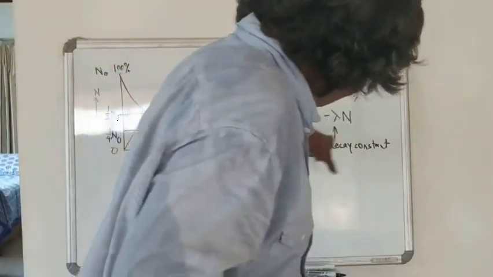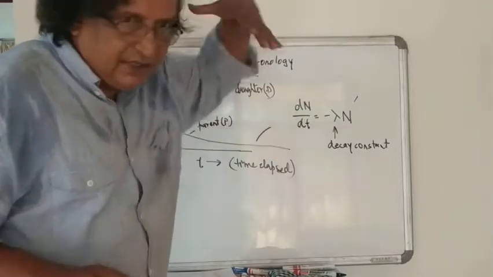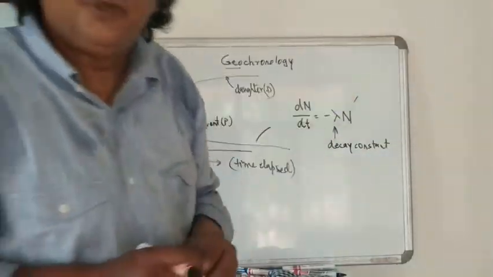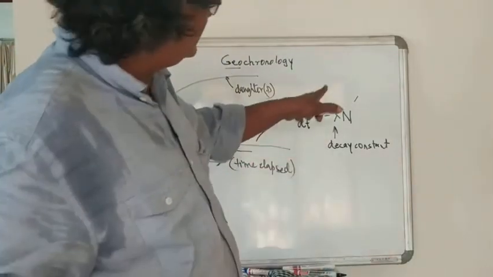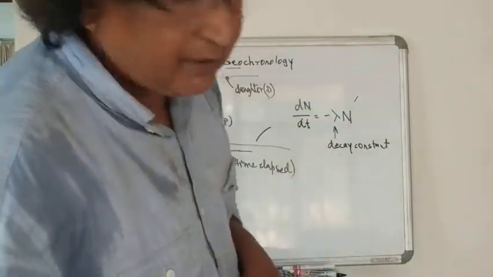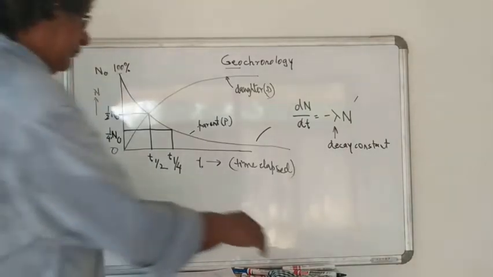That is how they are related. The negative sign is because if this decreases, then the opposite happens to the N value. We will start from this very famous equation and see where we go from here.